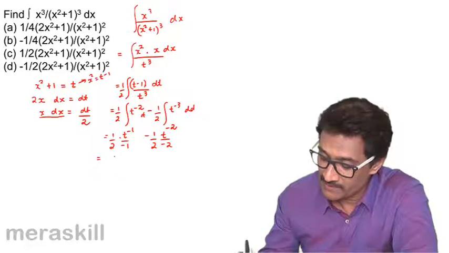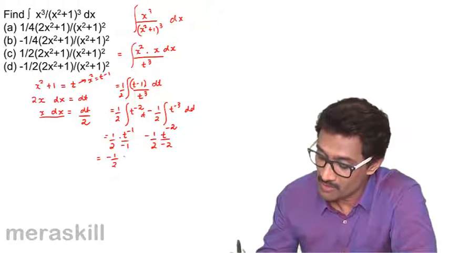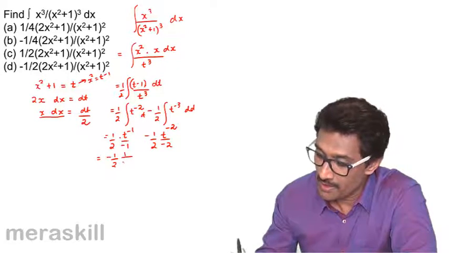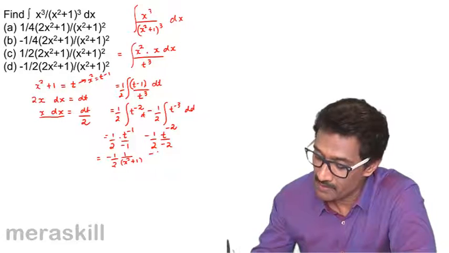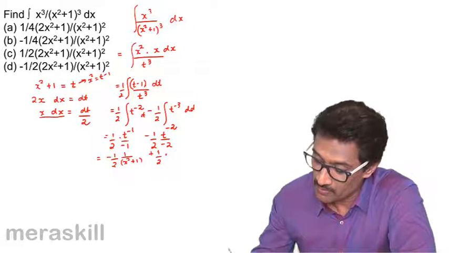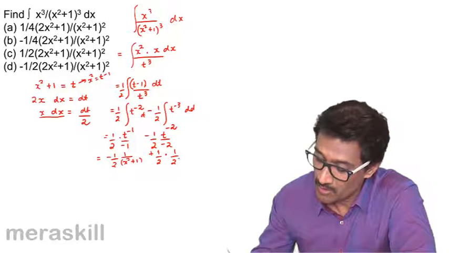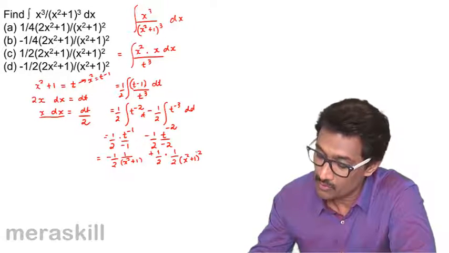So ultimately this is going to be minus half into 1 by t, which is 1 upon x square plus 1, plus half into t raised to minus 2, that is half into 1 upon x square plus 1 the whole square.